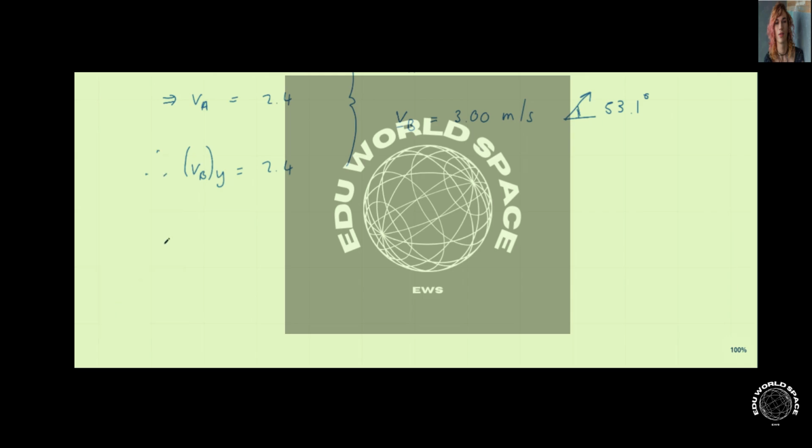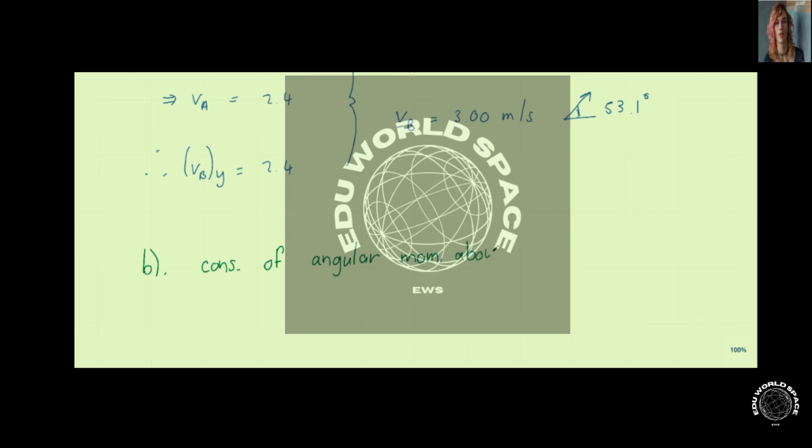We still wish to calculate the position of point A prime. For this, we'll use the conservation of angular momentum, and we'll use point B prime.